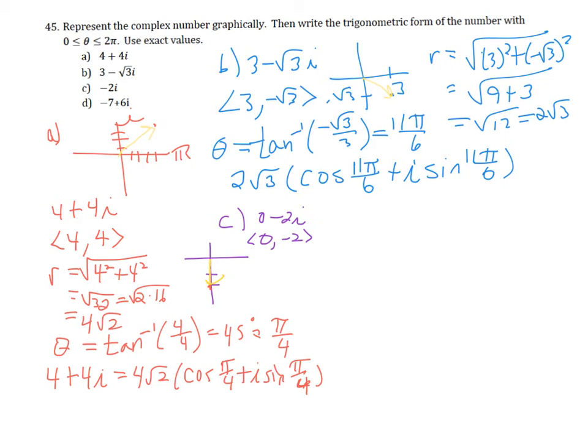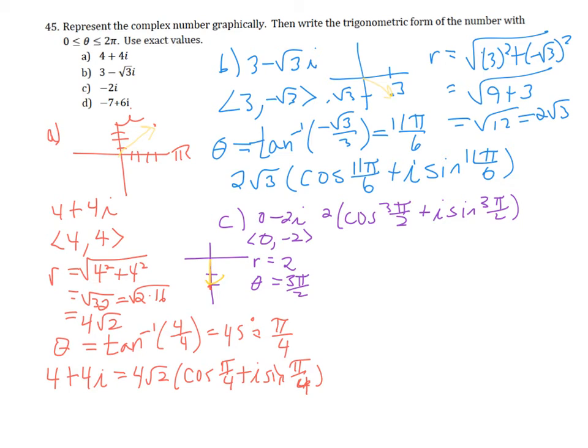Now, we know things about that from what we learned about the unit circle. So its magnitude or radius would be 2, and its angle measure is 3 pi over 2. So then we can immediately put it in the form we want. So it's going to be 2 times the cosine of 3 pi over 2 plus i times the sine of 3 pi over 2.